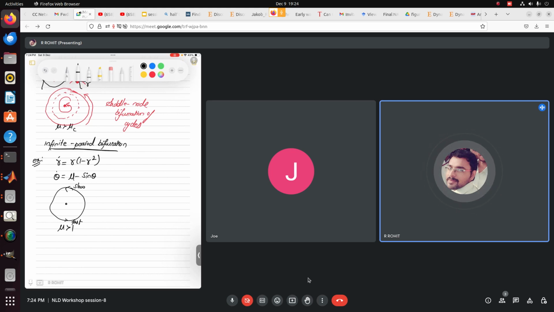And it had an unstable fixed point in the center, so anything here would be thrown out towards this limit cycle oscillation when nu was greater than 1. When nu is less than 1, when we reduce the parameter value, we observe that there emerges a fixed point around this limit cycle. So there is an unstable fixed point, and there is a stable fixed point over here.